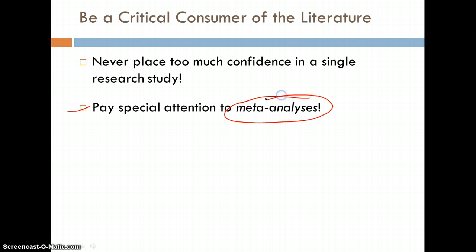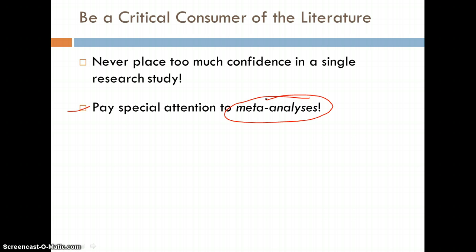A meta-analysis is a quantitative technique for summarizing the results of multiple studies on a specific topic. It's not foolproof, it's not the final word, but it does a great job of providing a reasonably accurate, or at least trustable, source of confidence about a particular result or finding.